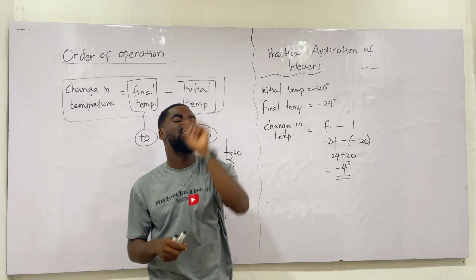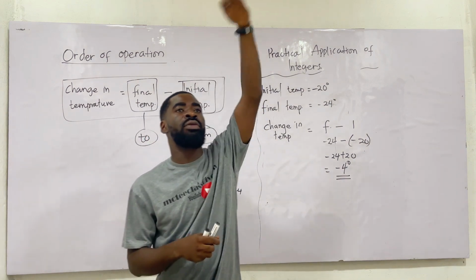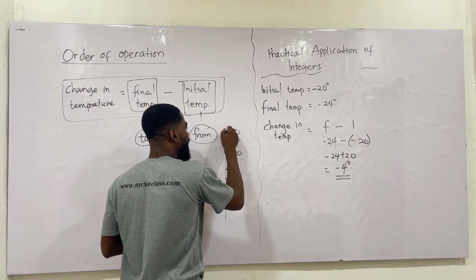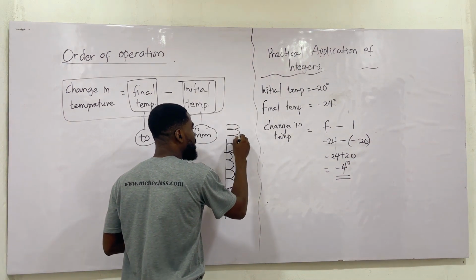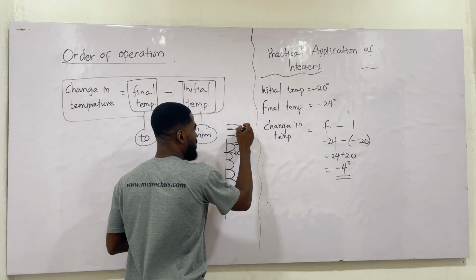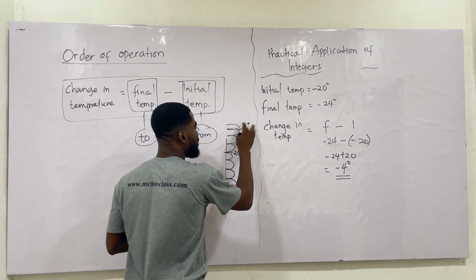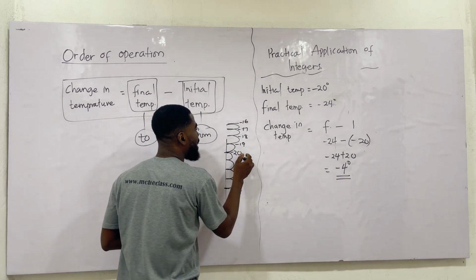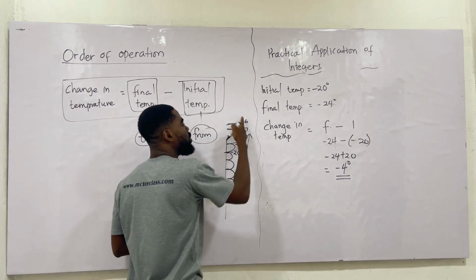That drop means negative. If we rise by 4 degrees, that means we are going to count up: 1, 2, 3, 4. That will be minus 19, minus 18, minus 17, then minus 16. So if the temperature had increased and not dropped, we would know.